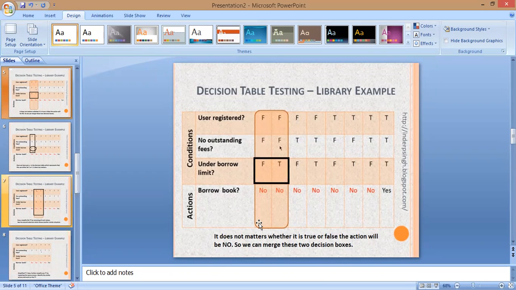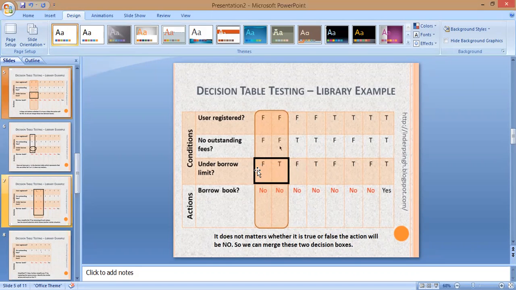You are being told that if the user is unregistered and the user has no outstanding fees, it does not matter; and if the user is unregistered and the user has an outstanding fees, it does not matter whether he is under the borrow limit or not. You can eliminate this particular condition.